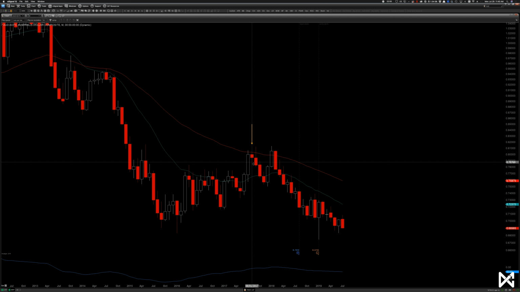We get this test to the downside, and then it closes as a low test reversal. But because it happens at the top of a run instead of at the bottom of a run, like this low test over here or this little one over there, right? These are happening at the bottom of a run. This one happens at the top of a run, and that means that this is a hammer reversal.